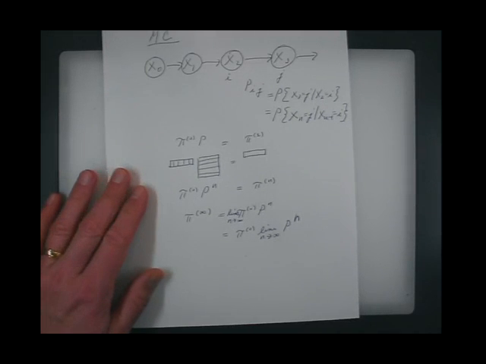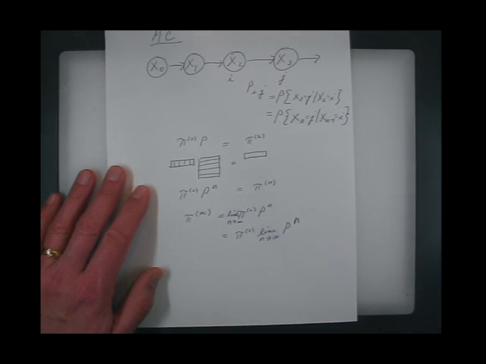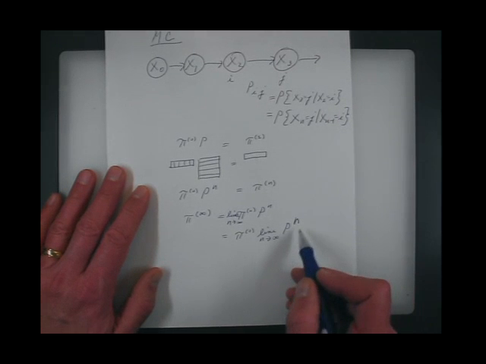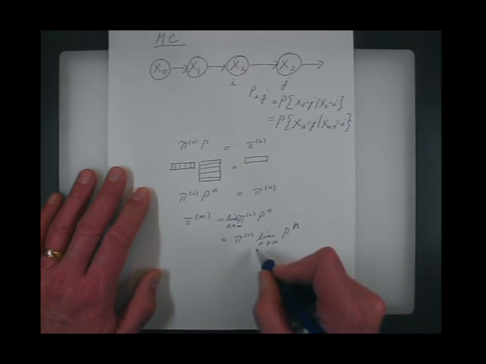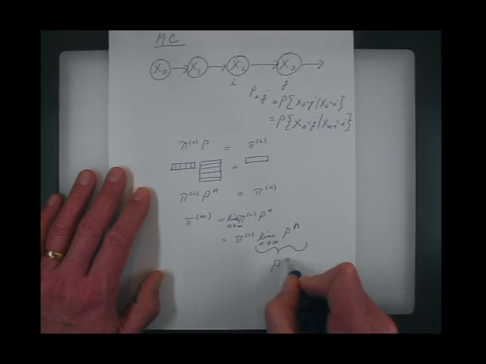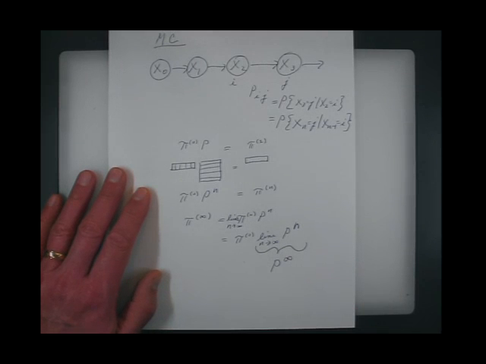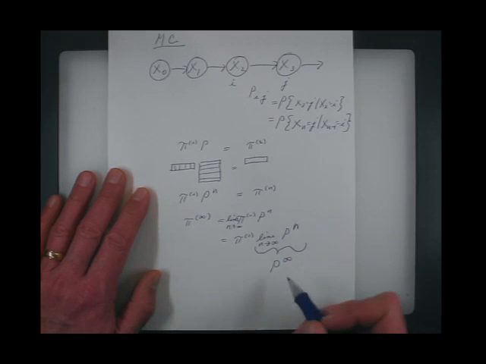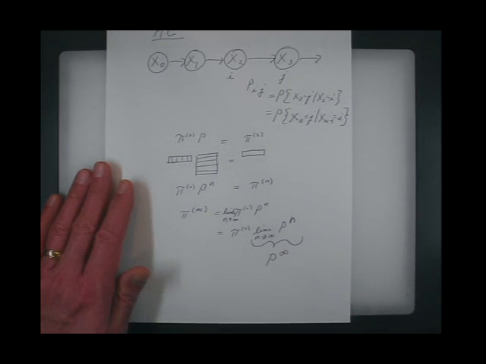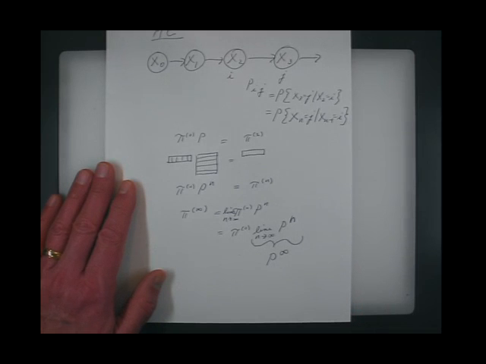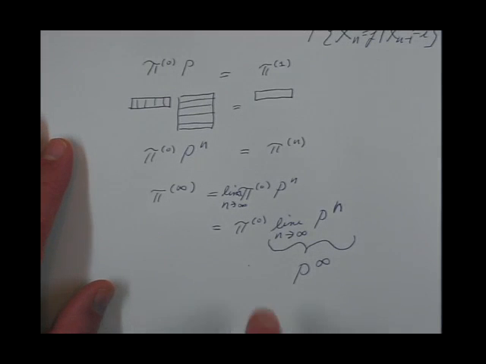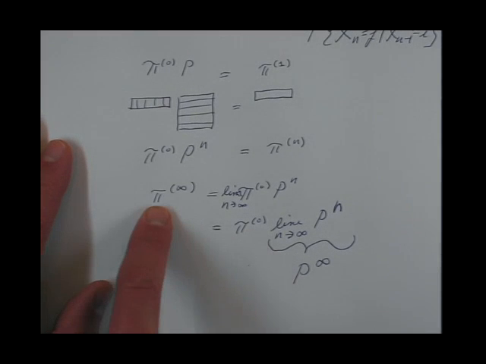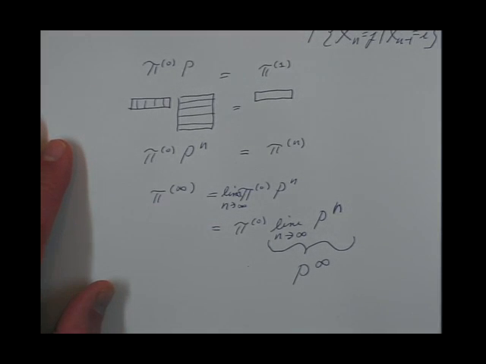So if you believe that this Markov chain would reach steady state, and that if you raise P to some power n, and n is large enough, eventually it converges to something that should be P of infinity, then you would expect that all the rows of P of infinity are equal, because no matter what initial state you start in, you get to the same steady state distribution, presumably. That would seem like a logical thing to assume.